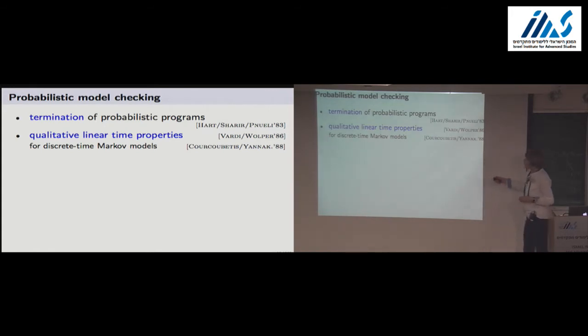Well, and there is very popular work on linear time properties formalized in linear temporal logic, LTL, and the task to check whether a property holds with probability 1 or with positive probability. So this is meant by this word qualitative. This has been investigated in the mid-80s for discrete Markov chains and Markov decision processes.